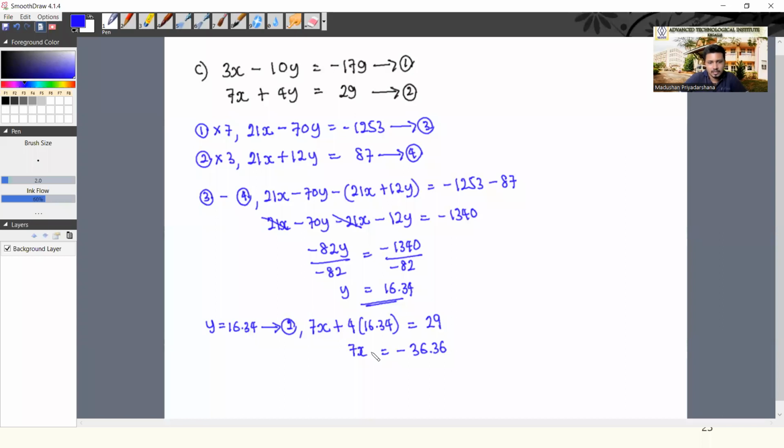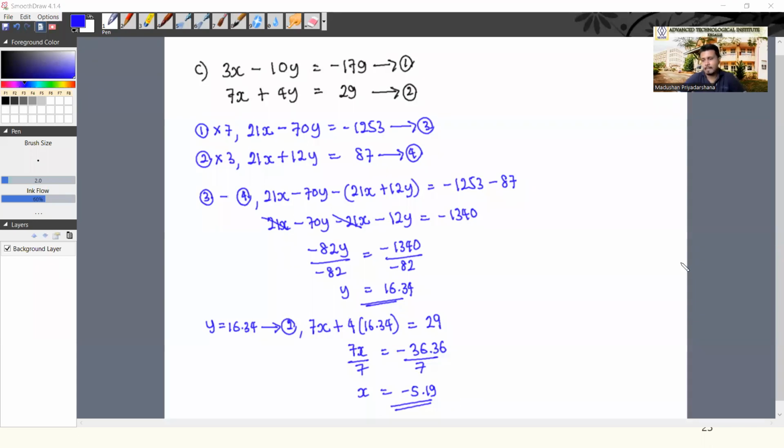So divide both sides by 7. Therefore, x should be equal to minus 5.19. We can round it off and say minus 5.2.